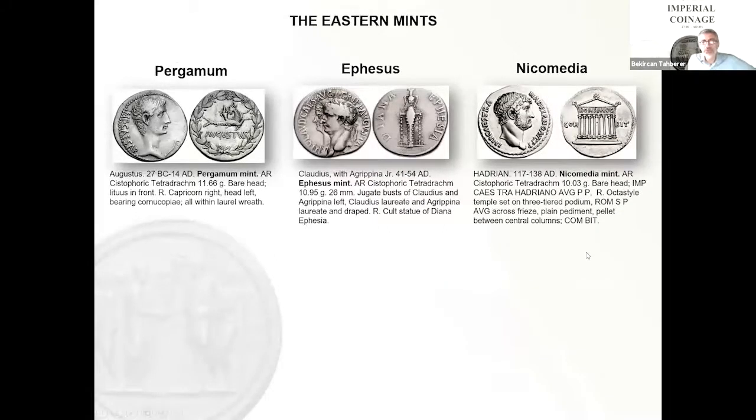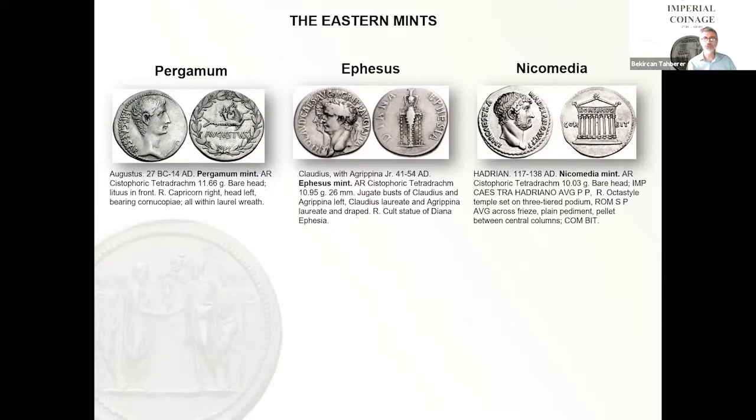Now, going back to the Roman practice of minting coins in different places, I would like to talk about the Eastern mints. From the beginning, the cistophoric tetradrachms continued their popularity in Western Anatolia.